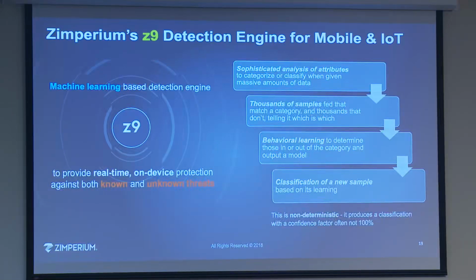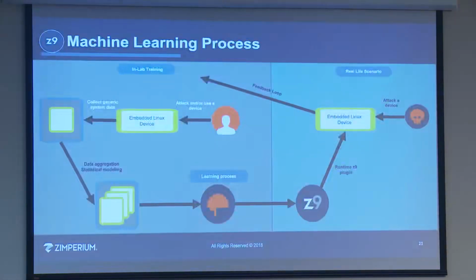So again, we've got to train the baseline for normal operation, which is billions and billions of data points in the cloud. We download the model, and then I've got this other chart here to show you. So that's how the model is downloaded to the device, and then there's an update learning process for anything new that we may see in the field.